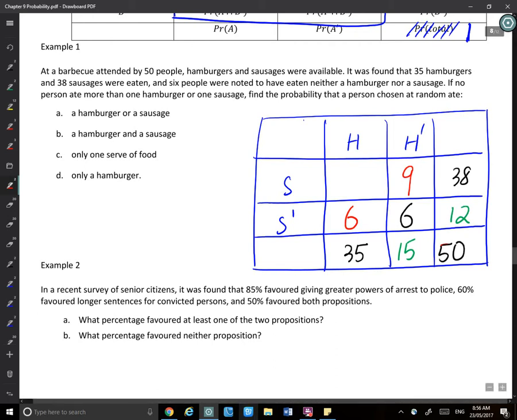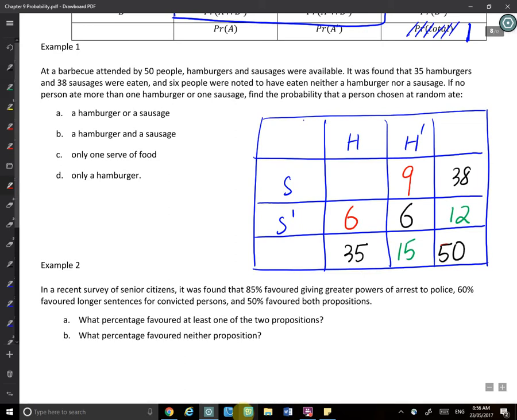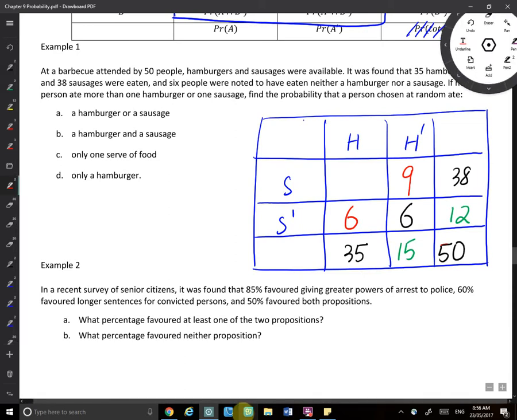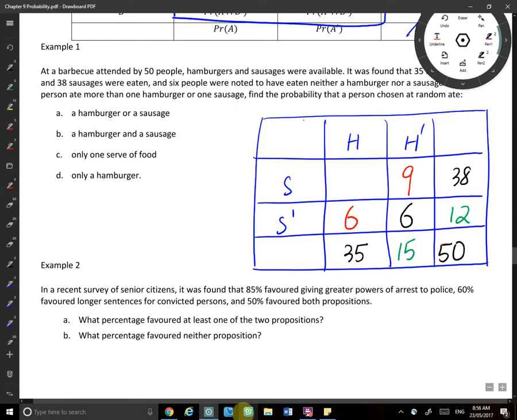Then, with those two red numbers, you should know that 35 minus 6 gives you this box, and 38 minus 9 gives you this box as well. So this box will be 29.